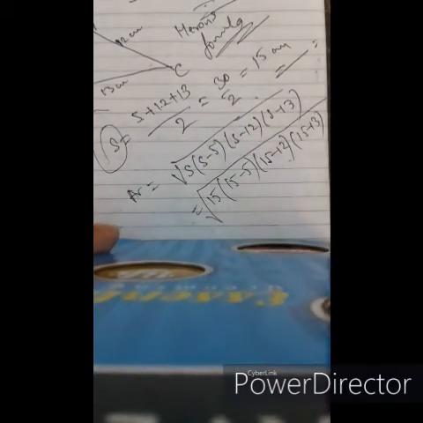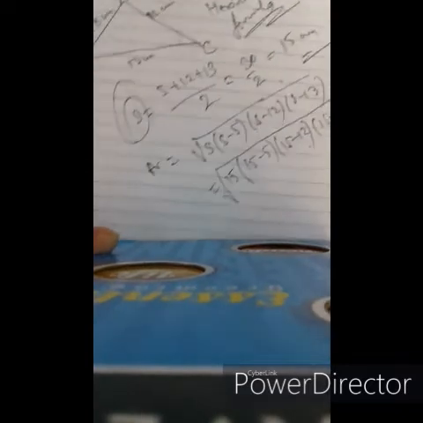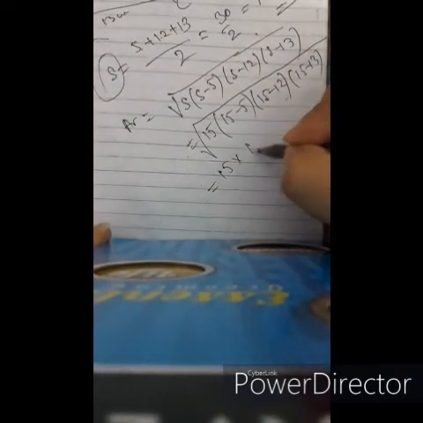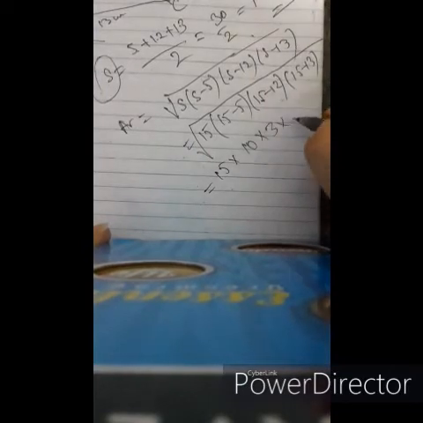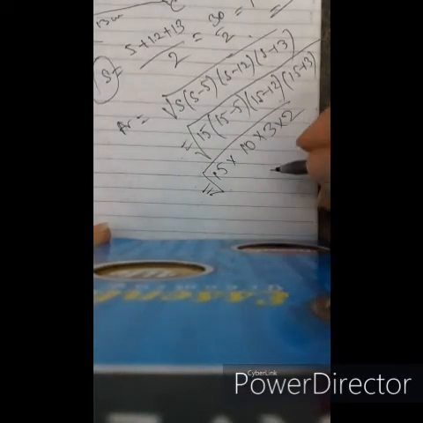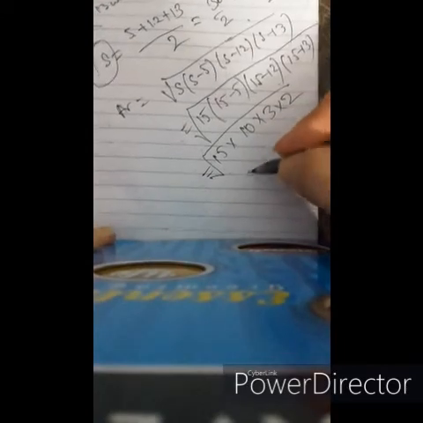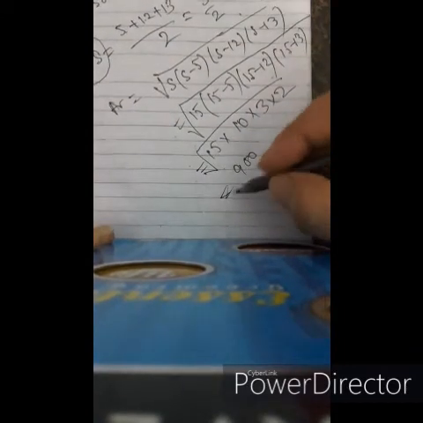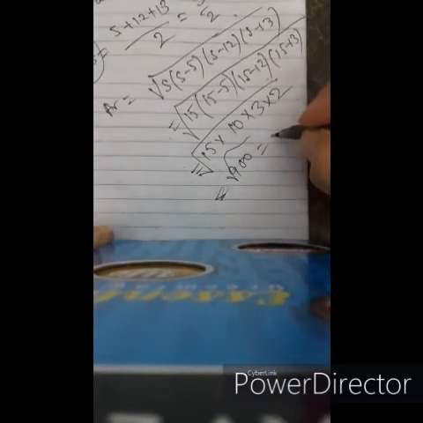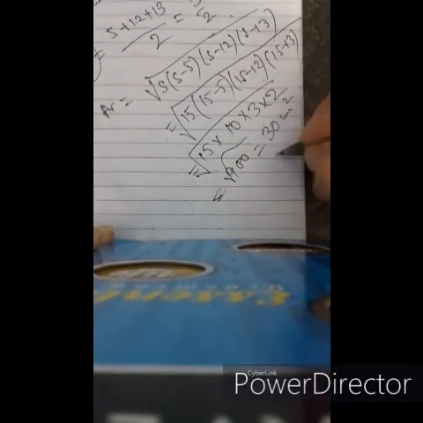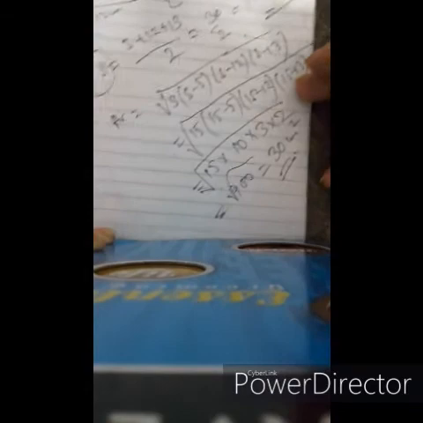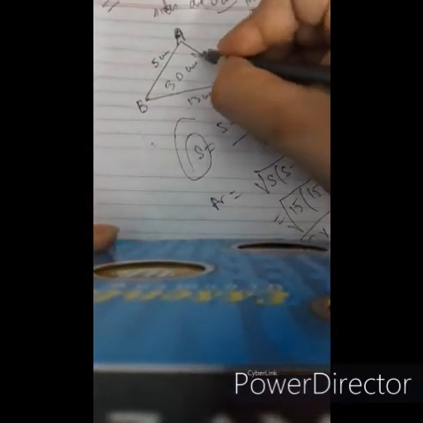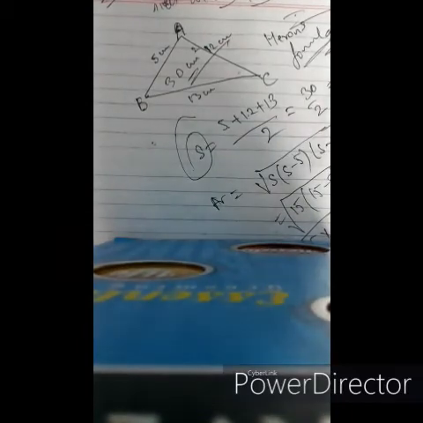So it comes out to be 15 into 10, 3, 2, that is root 900, which equals 30 cm square. So the area of this triangle comes out to be 30 centimeter square by Heron's formula.